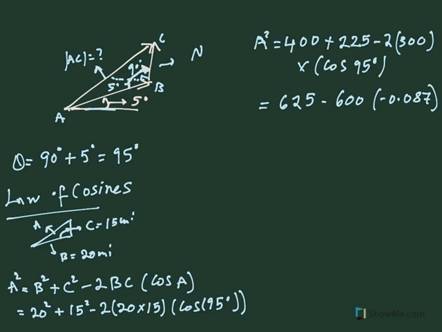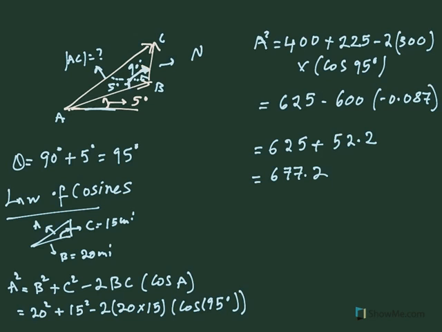And now we have 625, minus times minus is a plus, and 600 times 0.087 is 52.2, and that's equal to 677.2.